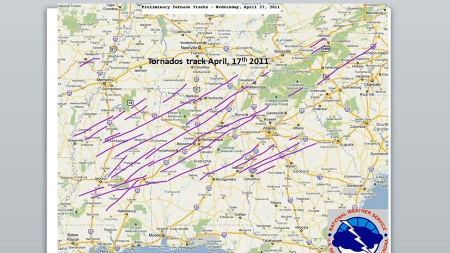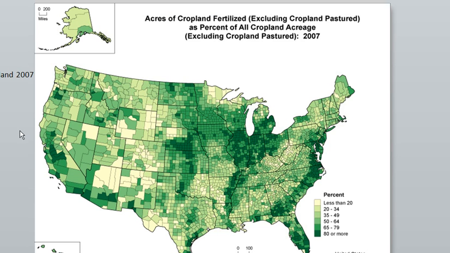Now we're going to take a look at a grain map. Now granted, this is 2007, so the dates are kind of off, but in general that's where we're growing our grains, where you see the green right here and here.